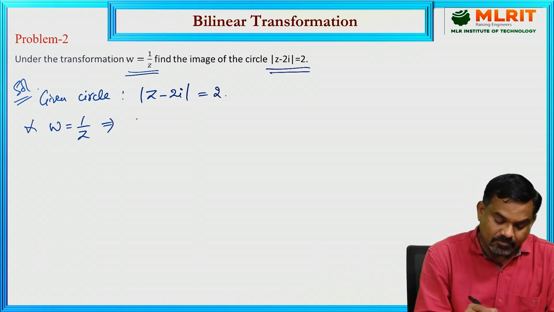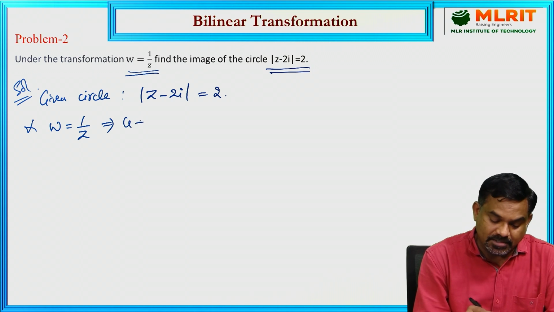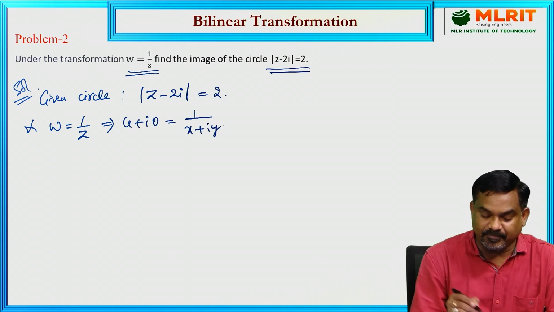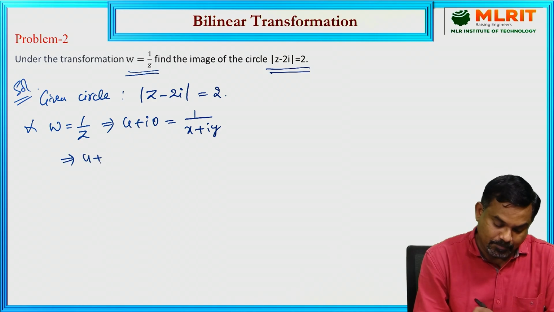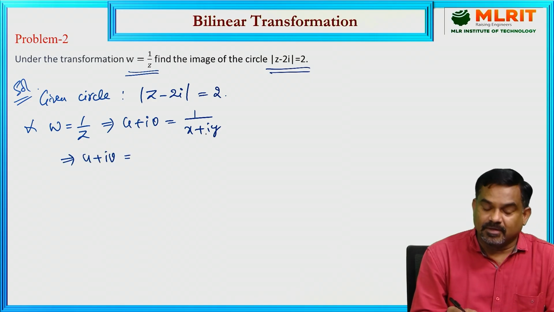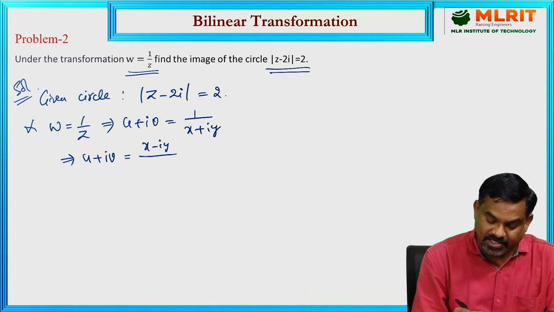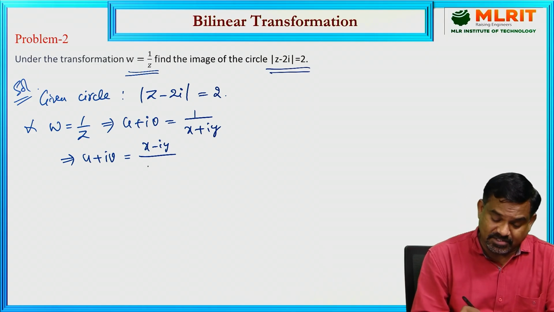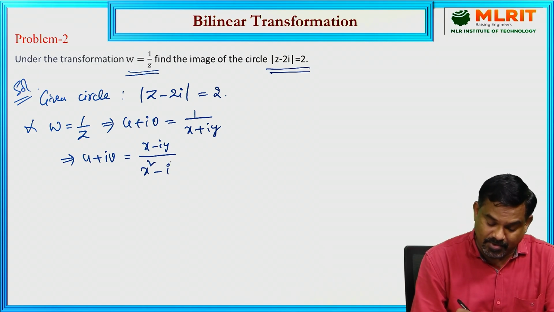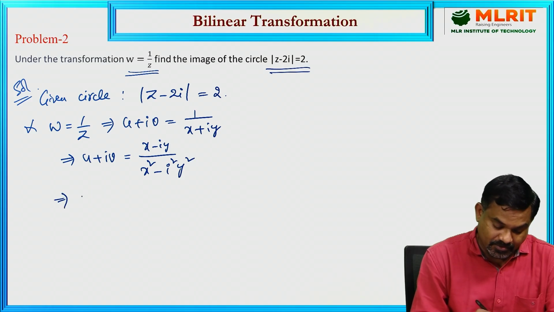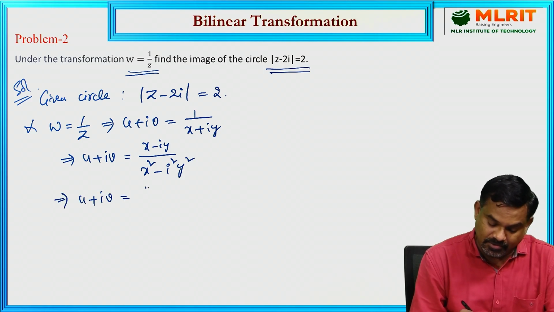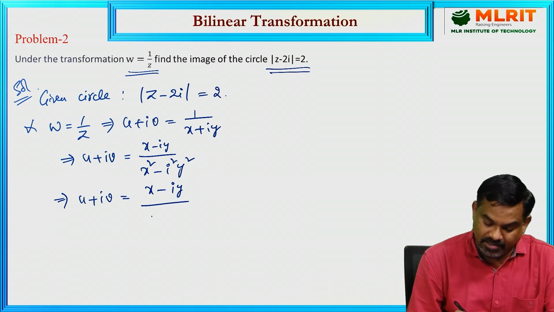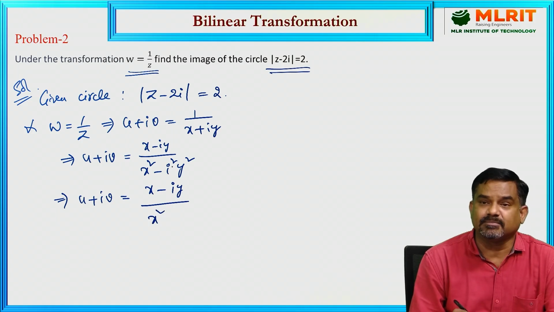So we know that W is u plus iv, which is 1 by x plus iy. Multiplying the numerator and denominator with x minus iy, we get x square minus i square y square. So u plus iv equal to (x minus iy) by (x square plus y square), since i square is minus 1.